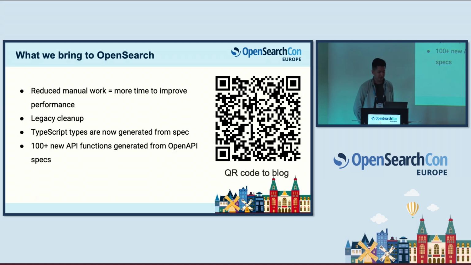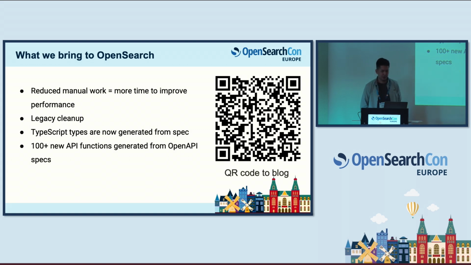With code generation, we reduced that time. Also, legacy cleanup: with code generation, we get much more accuracy in our clients. We deleted a lot of camel cases and different types of legacy.